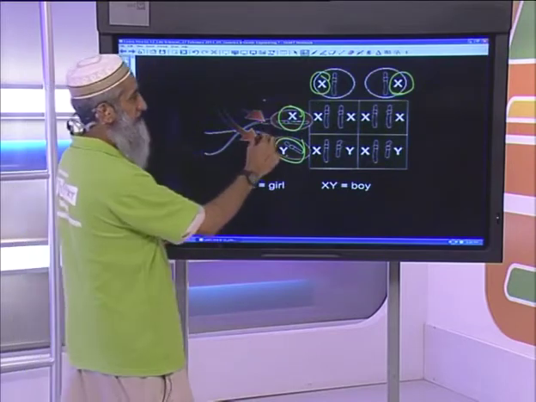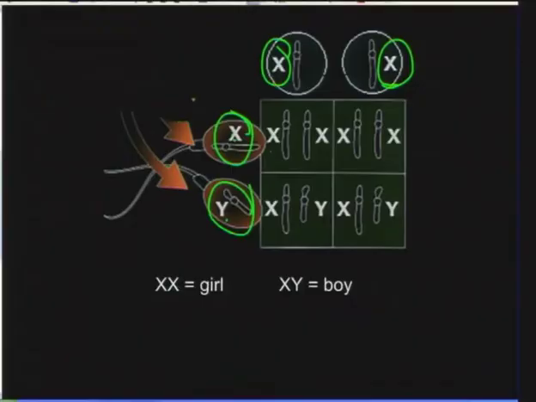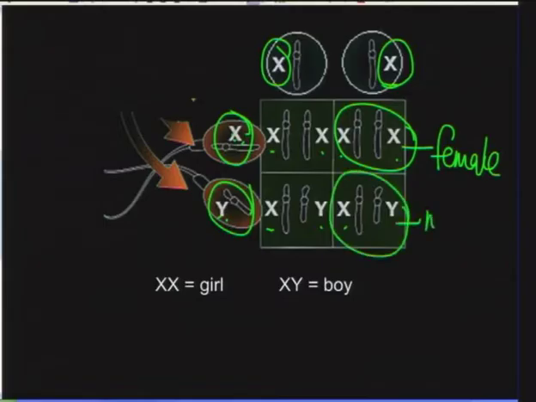So if we put this on a Punnett square, that gives you XX, that and that gives you XX again, YX gives you XY. Remember, you can write it either way, XY. So XX is a female and XY is male.